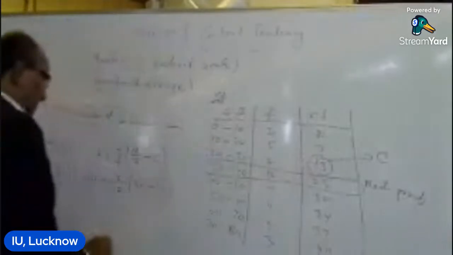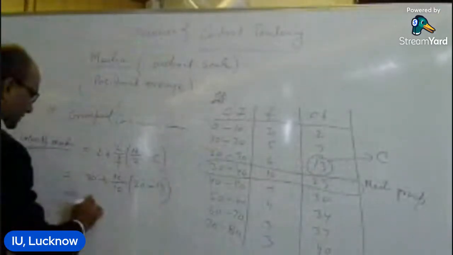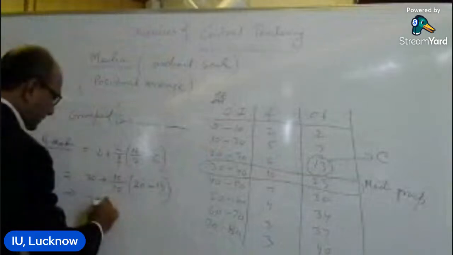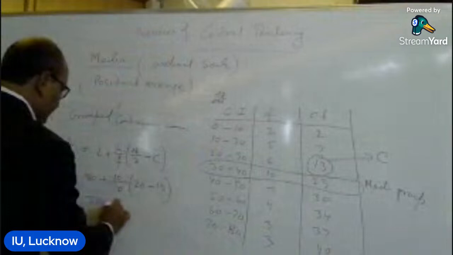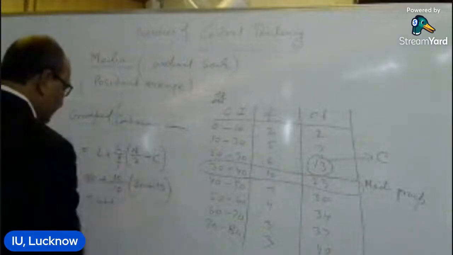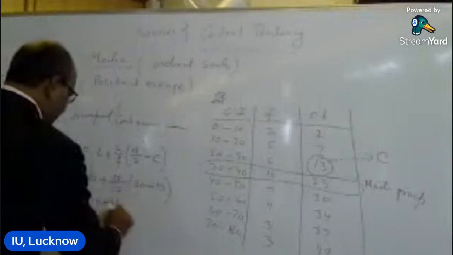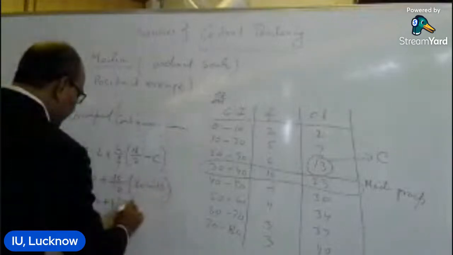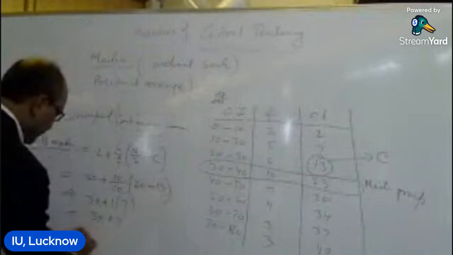Now after solving this, 30 plus 1 into 7 means 30 plus 7, and this is 37.